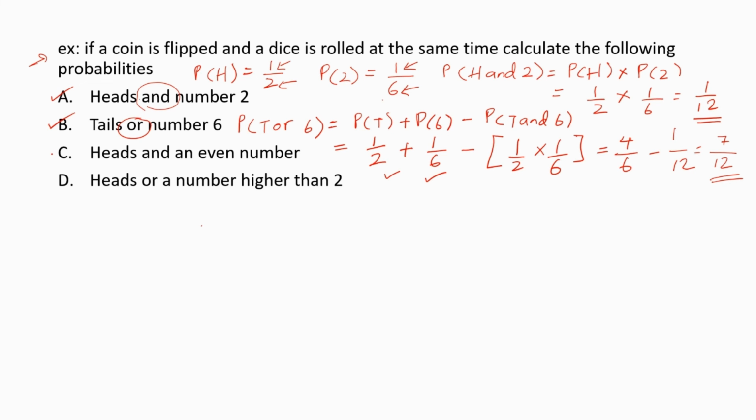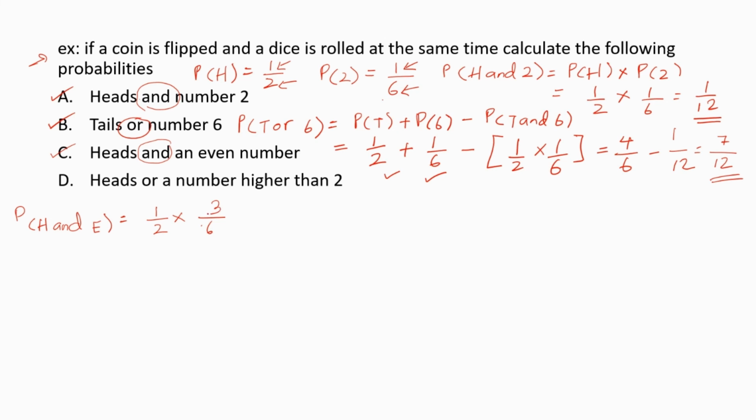Let's do the other options as well. Option C, probability of getting heads and an even number. You see the "and", so this is the multiplication law. So the probability of getting heads and getting an even number, let's say E, equals 1 over 2 multiplied by, there are 6 sides, how many even numbers? 2, 4, 6.